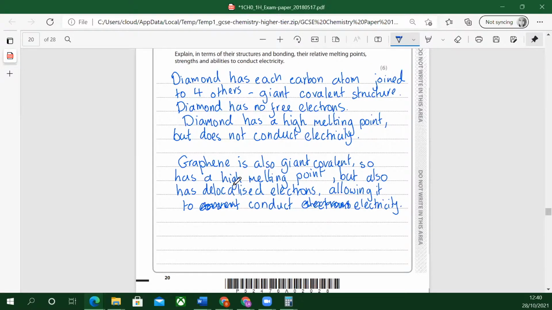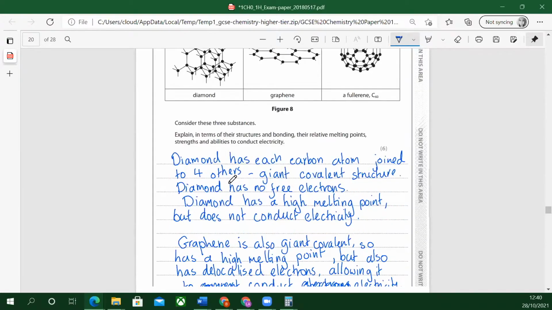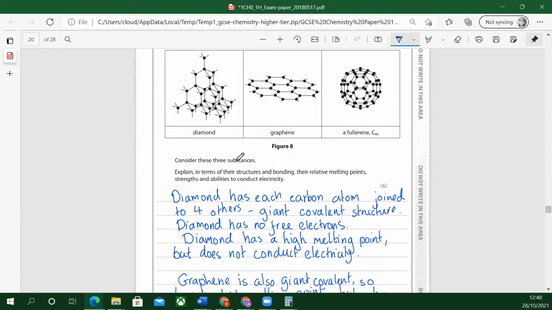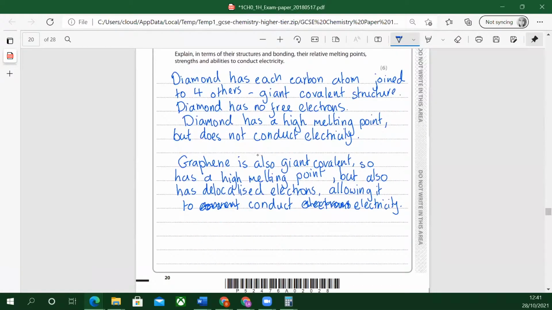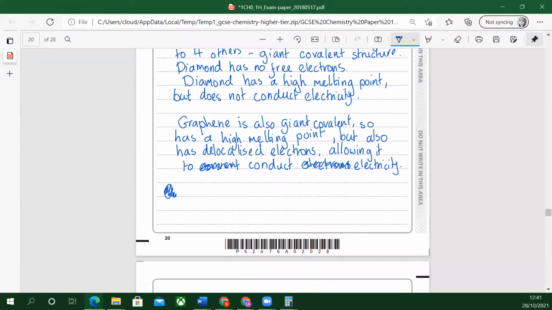So graphene, okay, that's one that's not as familiar. Graphene or a fullerene. Graphene is like graphite. A fullerene is not as well connected as diamond, is it? So it won't have quite a high melting point. Fullerene, last one, it's like a football shape.